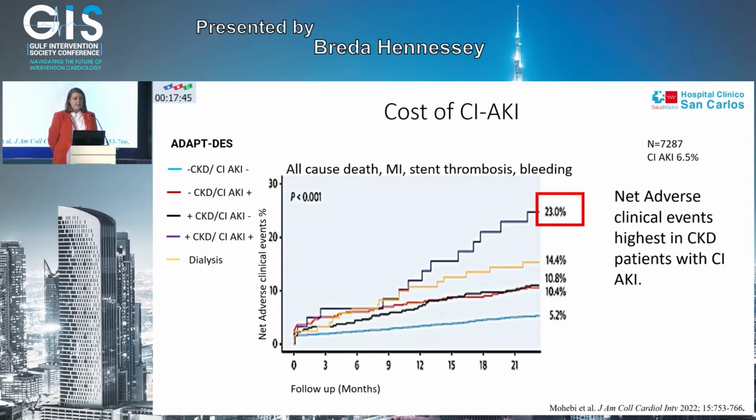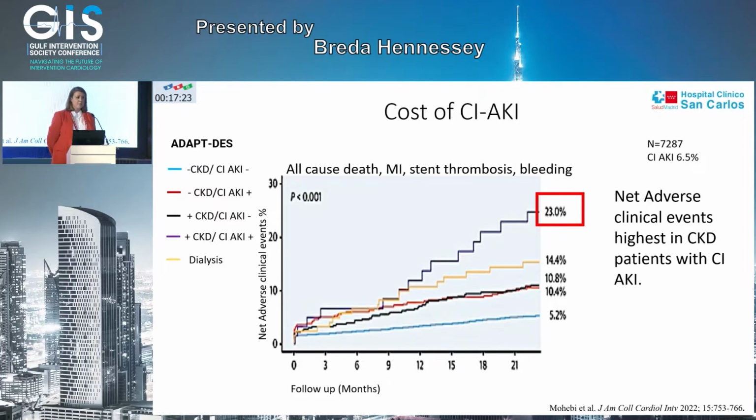I suppose the downside to performing invasive coronary interventions on these patients is contrast-induced acute kidney injury. And this is some very interesting data from the ADAPT-DES trial. Again, this is a large trial, over 7,000 patients. The overall acute kidney injury rate was around 6.5%.